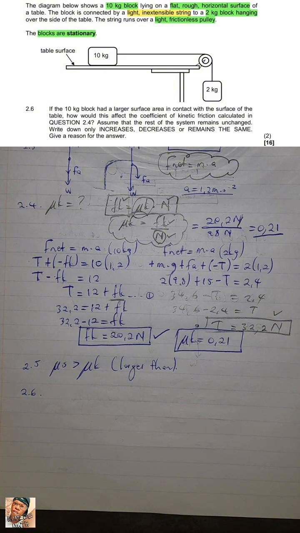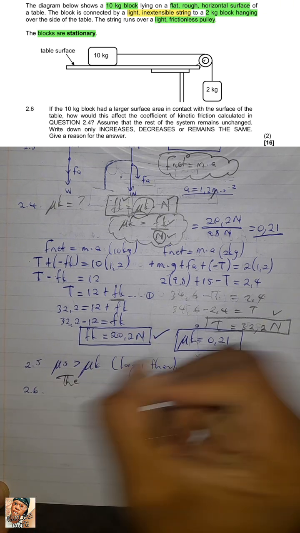Okay, so they're saying that the surface area on which the 10 kg block is on increases. So the type of material does not change. The only thing, this is something that you should know, let me actually write that down. Maybe you're going to need to write this into your notes.